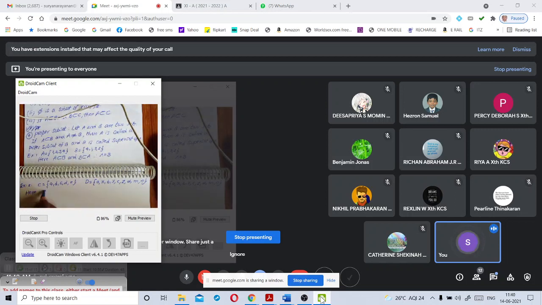Here, E belongs to set C, but E does not belong to set D. E is an element of set C, but is not an element of set D. Therefore, we can say that C is not a subset of D.